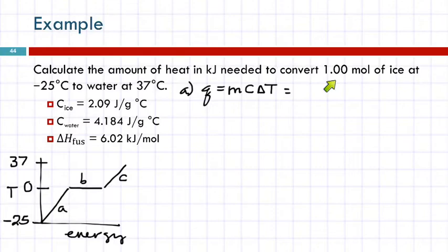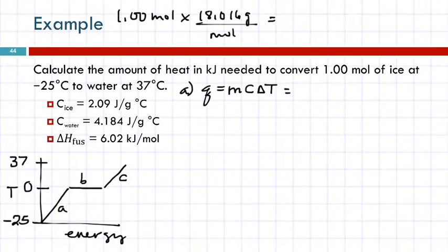It's 1 mole. So it's like 18.01 grams. You could write that all out if you want to: 1.00 moles times 18.016 grams per mole. And then you look at that and you say, oh, I didn't even need to do that. So the mass is 18.016 grams.